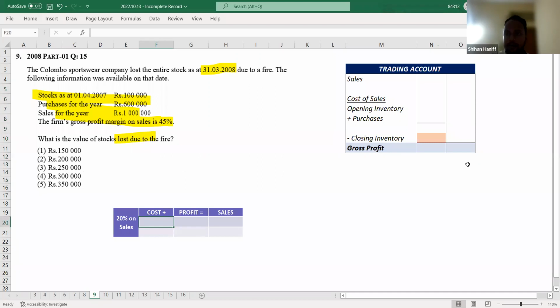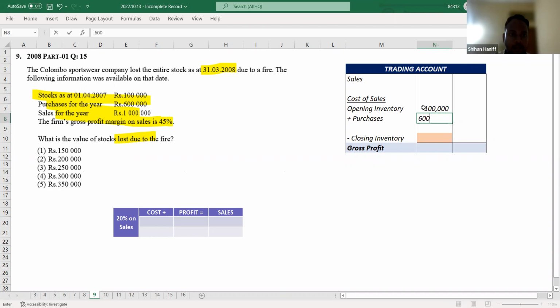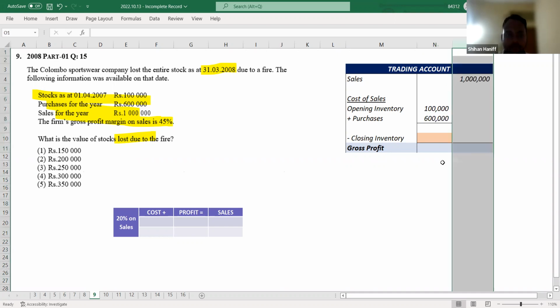Right. So let's find the answer. Stock as at 1st of April is 100,000. Purchases 600,000. Sales is 1 million. Gross profit margin on sales is 45%.